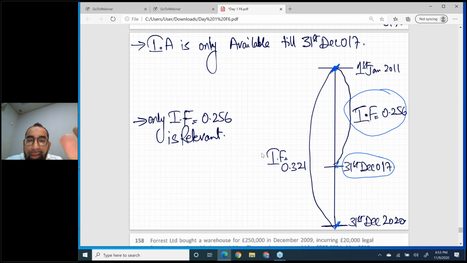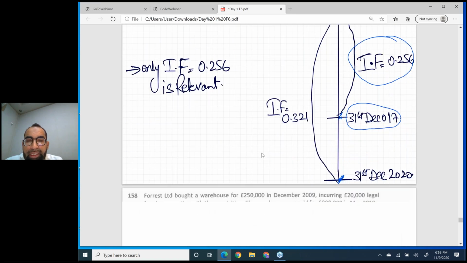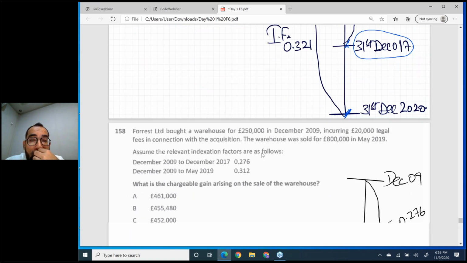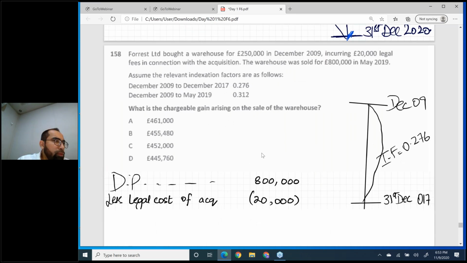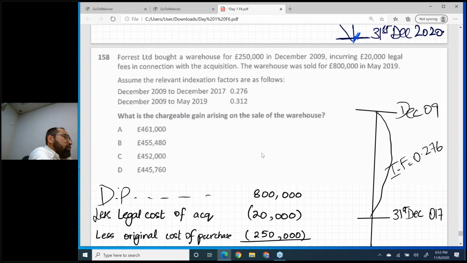Okay, let me explain with one MCQ, and I think this MCQ is linked to this question. Forest Limited bought a warehouse for 250,000 on 31st December 2009.